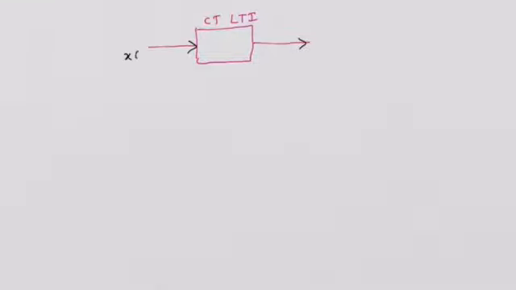The input is x of t, output is y of t, where h of t denotes the impulse response. When will you obtain h of t? What is h of t? When x of t is equal to delta of t, input is the impulse, then y of t is impulse response. Response for the impulse is called impulse response.